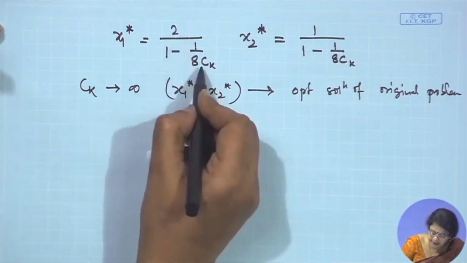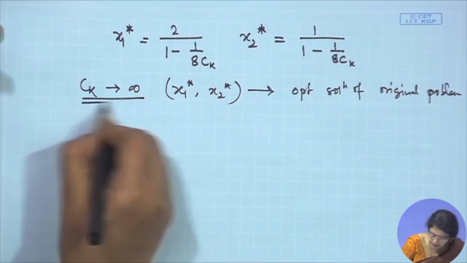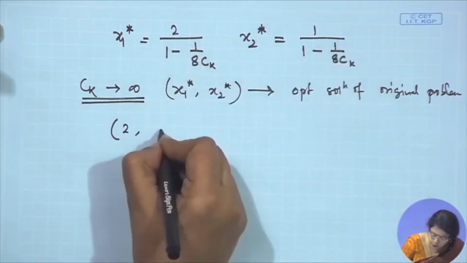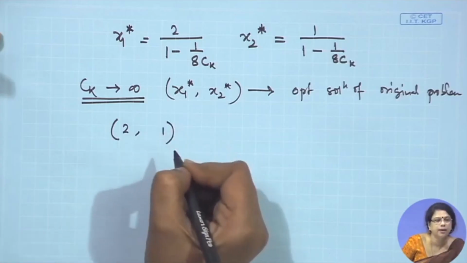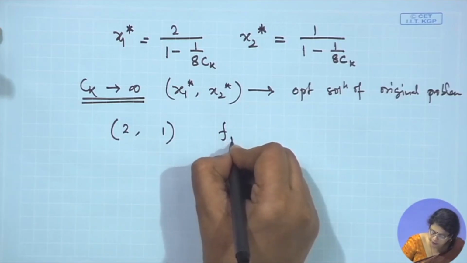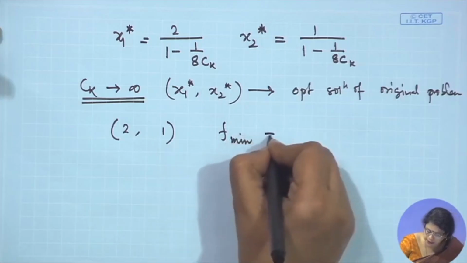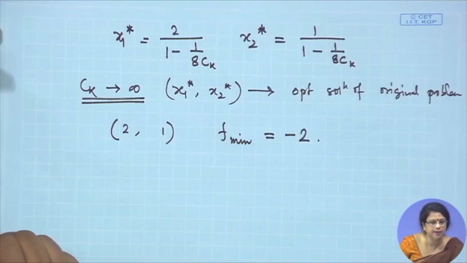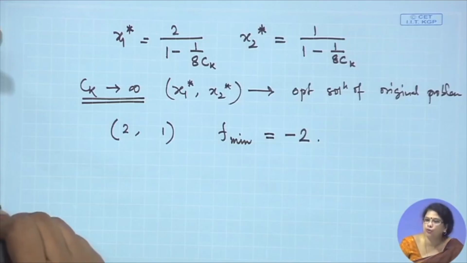That is why, if we consider Ck tending to infinity in this case, then the optimal solution would be (2, 1), and the corresponding functional optimal would be f min equal to minus 2. Okay. This way we can solve the problem.